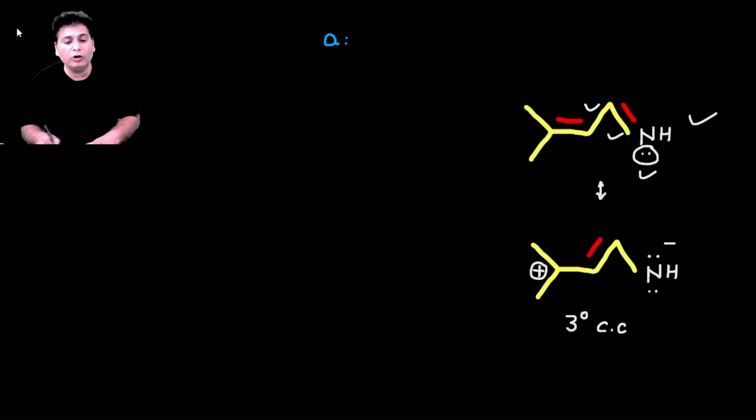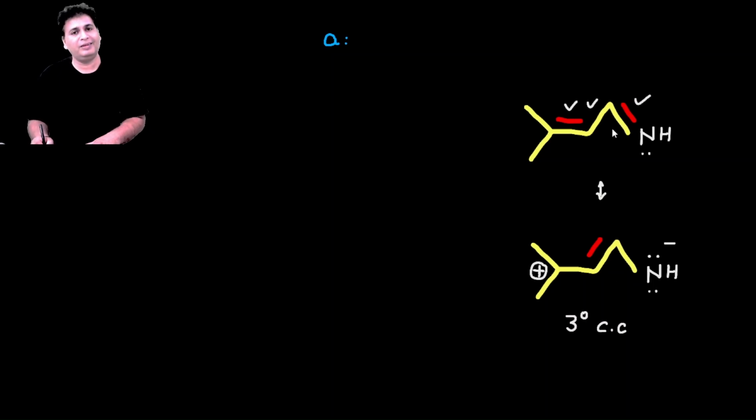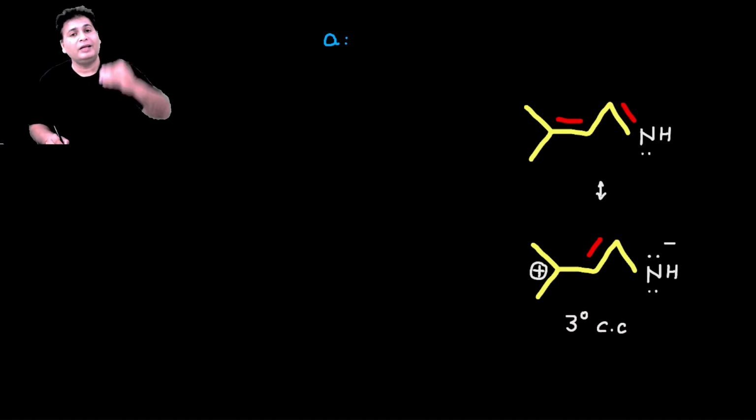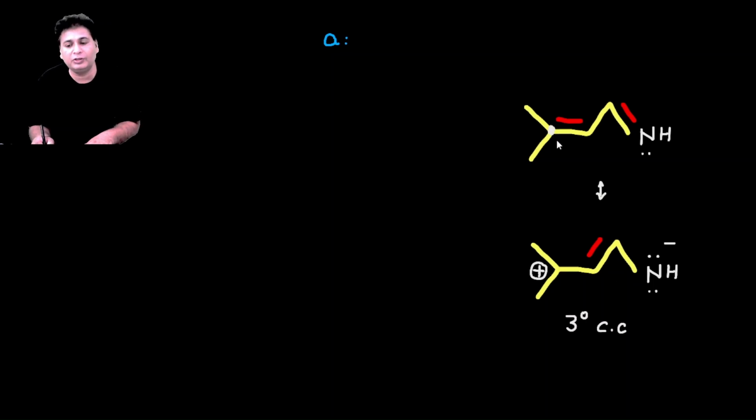Now coming on to what next we can have in this compound, there is a conjugation, as you can see, double, single, double. This conjugation is going to work, and as you know, the electrons shift towards the more electronegative element. Now if you compare the elements, at this position you have carbon and at this position you have nitrogen.